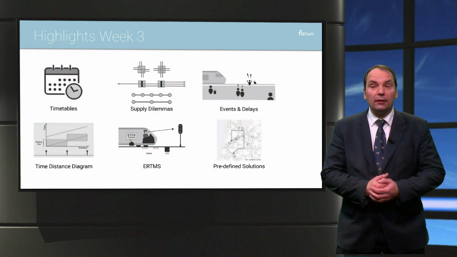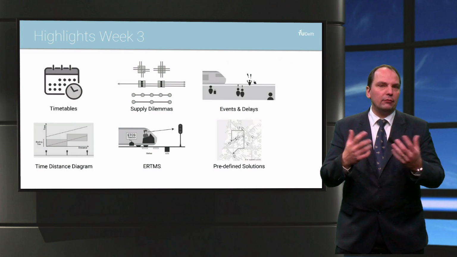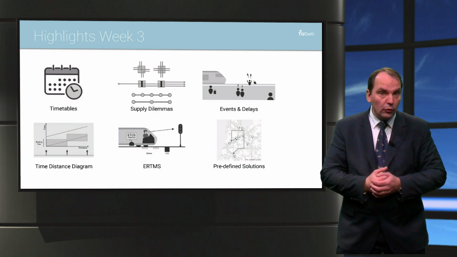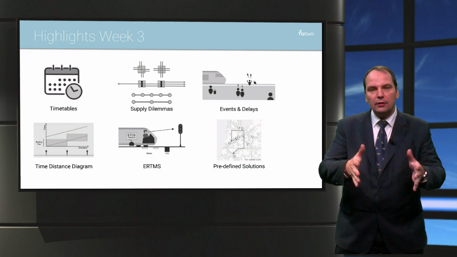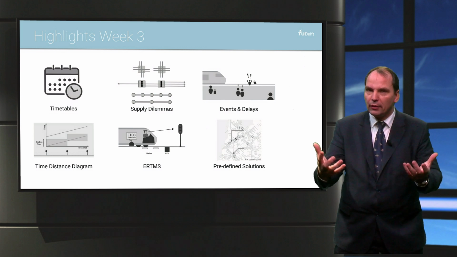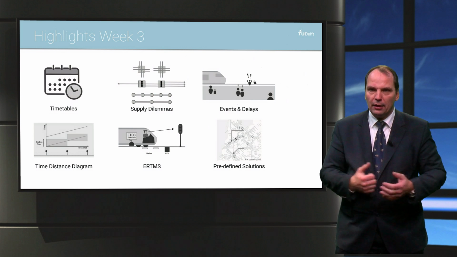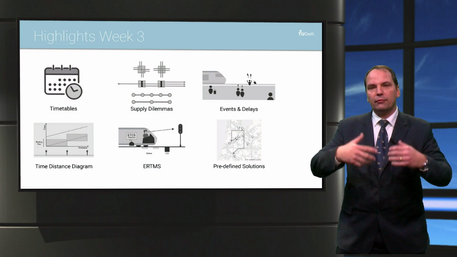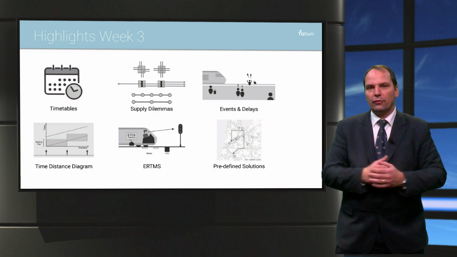In week three, we discussed operations and timetabling. And we like to discuss and also to show you how you make such a timetable. Like the distance between the trains, how to make this, all kinds of dilemmas. We have all kinds of questions from operators, and how to match this and how to merge this in the infra system. Therefore, we have also ERTMS, so we can increase capacity and other kinds of things.